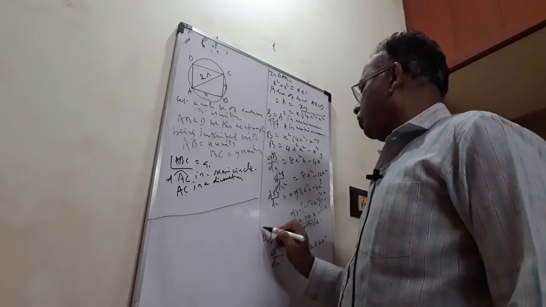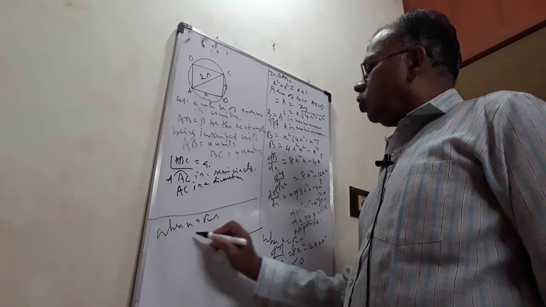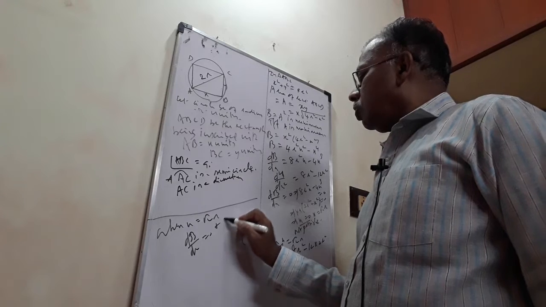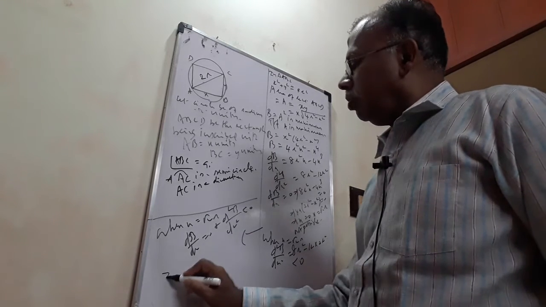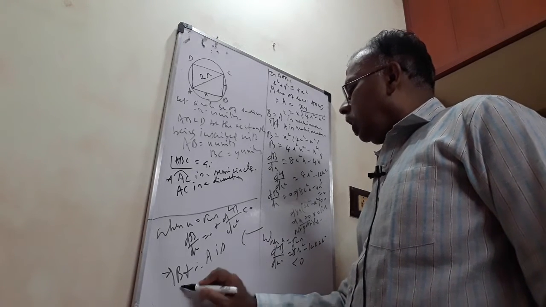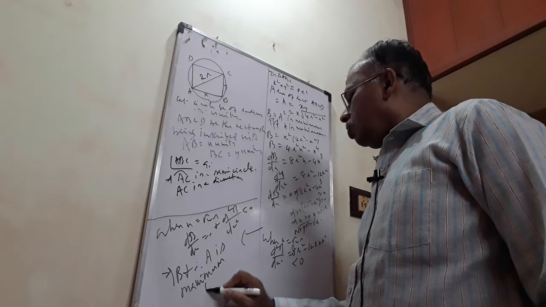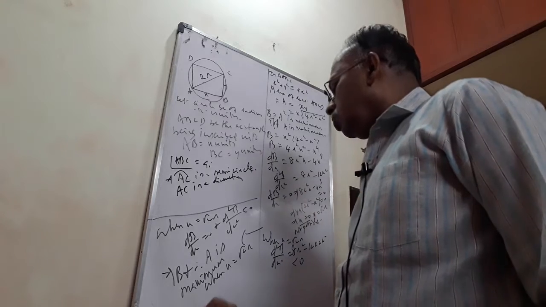When x is equal to root 2 r, dB by dx is equal to 0 and d square B by dx square is negative, which implies B, and therefore A, is maximum when x is equal to root 2 r.